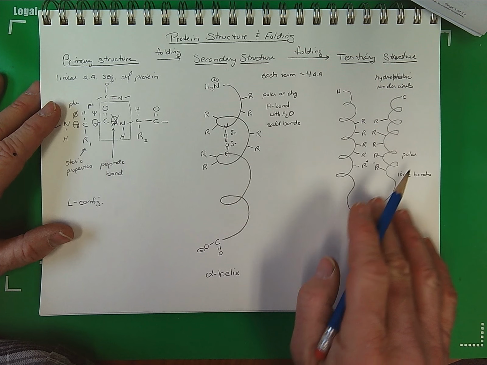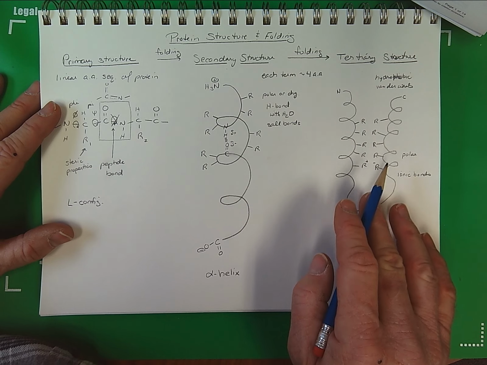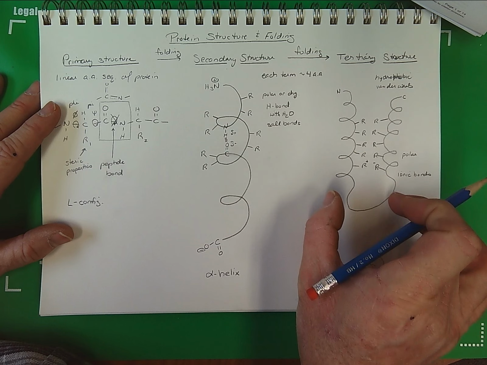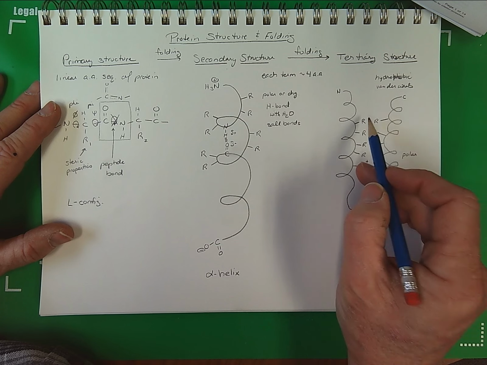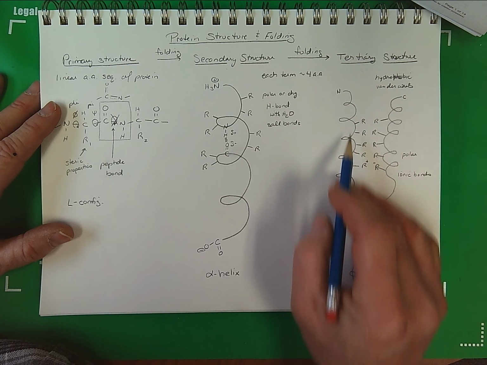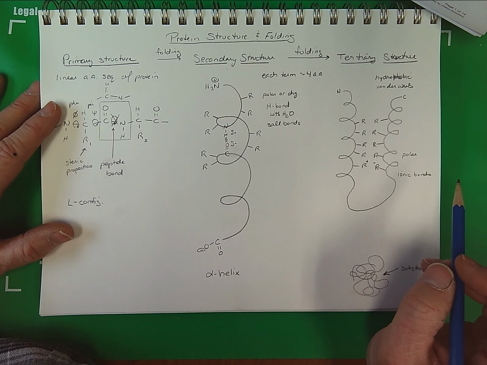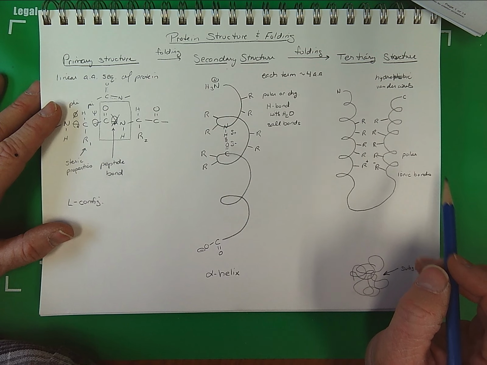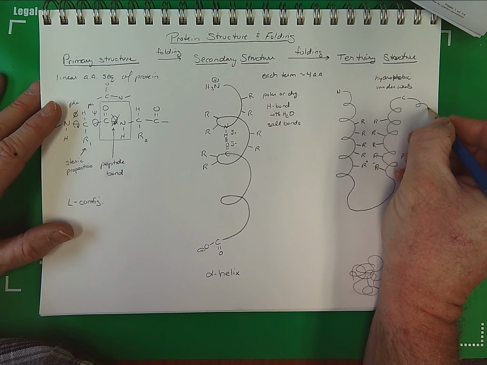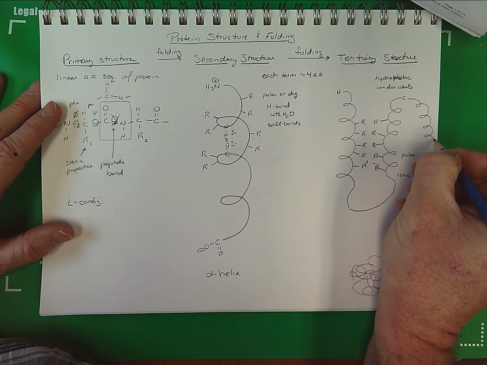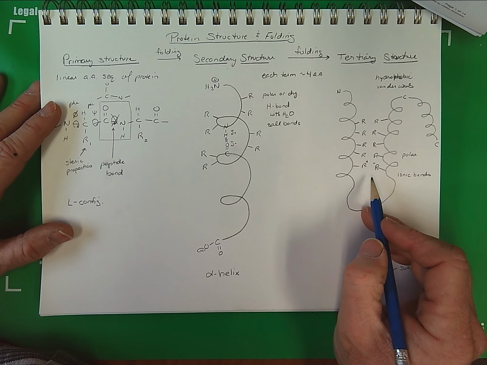Now what happens if these interactions here are insufficient to hold these two alpha helices together? Well, then they will come apart. The alpha helices will maintain, but the total tertiary structure will collapse. Other alpha helices that might be present in the folded protein might have better interactions.